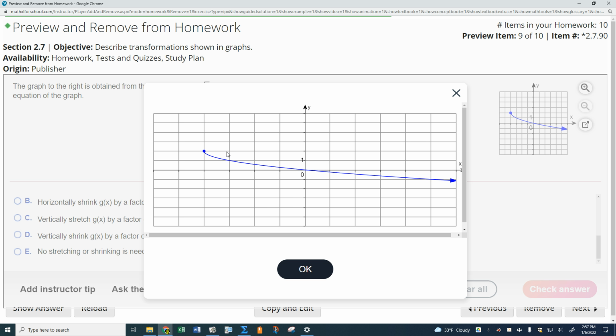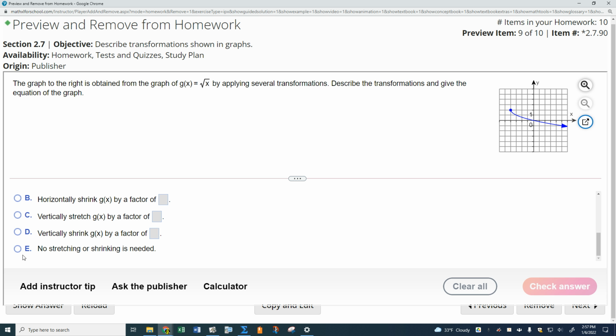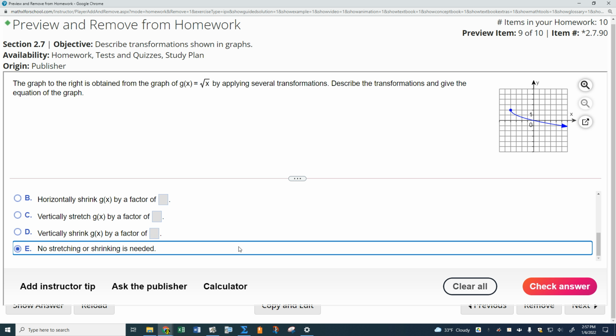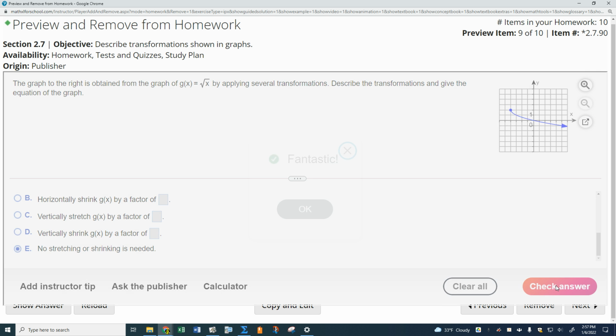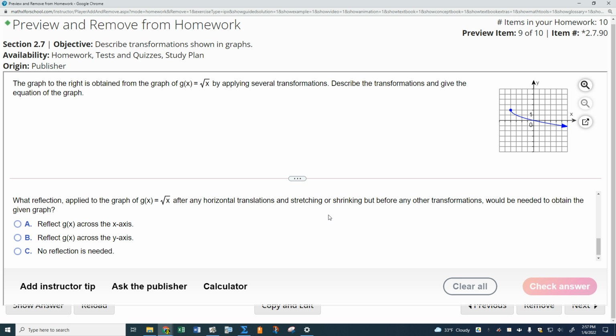We'd go over 1 and up the square root of 1. We'd go over 4 and up the square root of 4, which would be 2. Well, we're going down 2 instead of up 2, but it hasn't been stretched or compressed. Everybody get that? So the second answer would be no stretching or shrinking. Now, what kind of reflection was there?